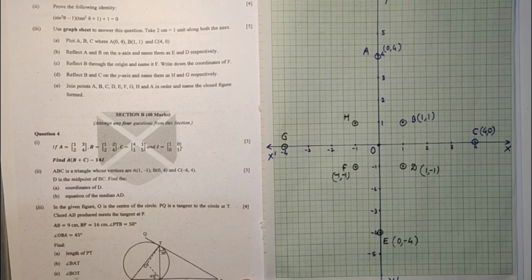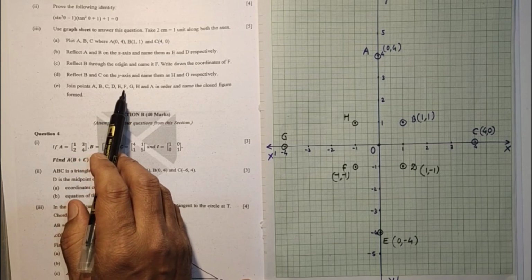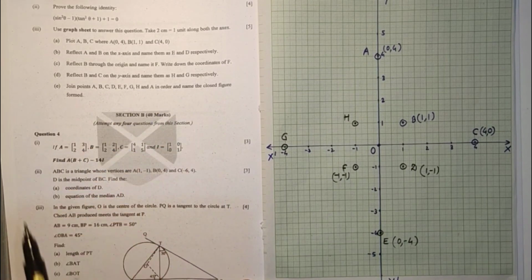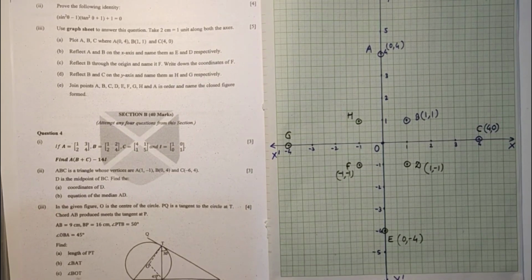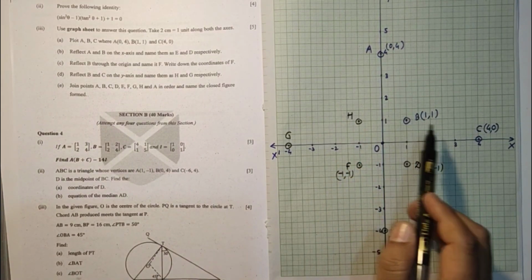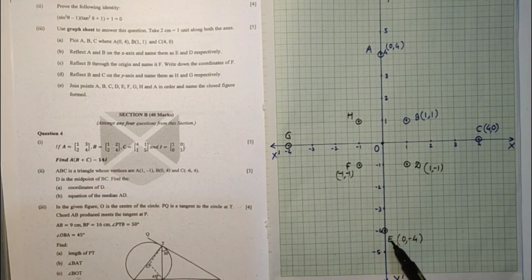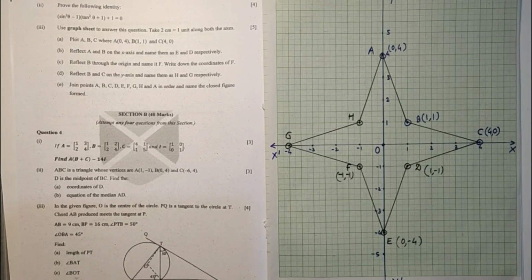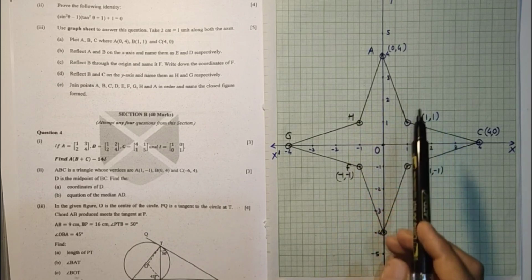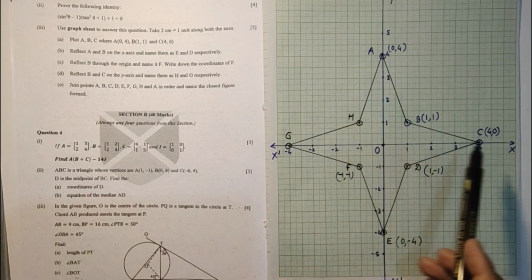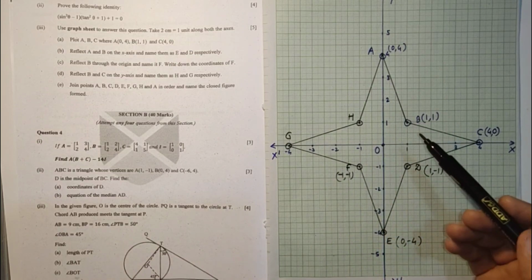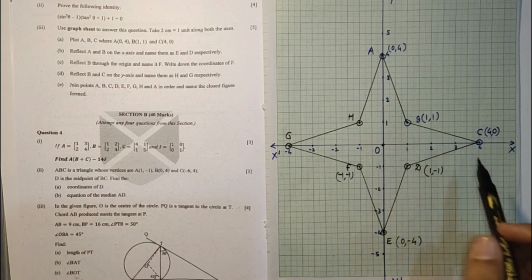Now join points A, B, C, D, E, F, G, H and A in order and name the closed figure formed. So I have joined according to the order given, A, B, C, D, E, F, G, H and A, and we found a star, an octagonal star.